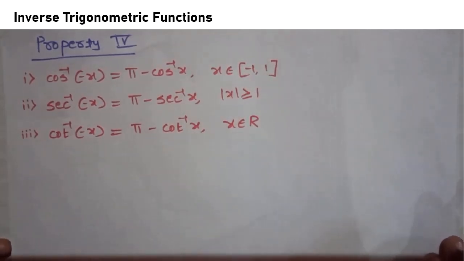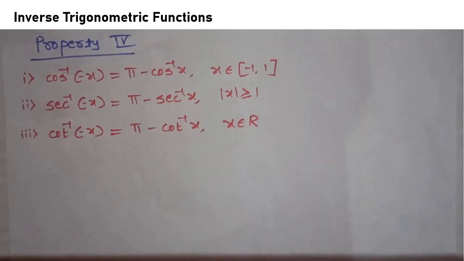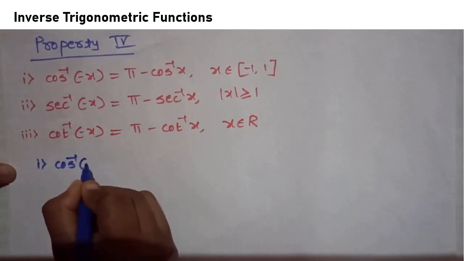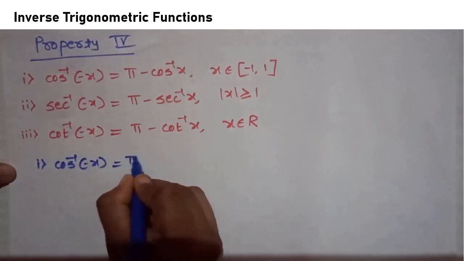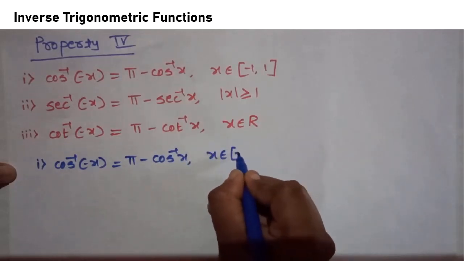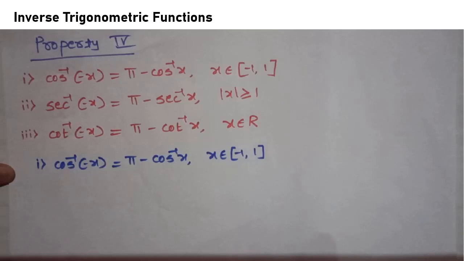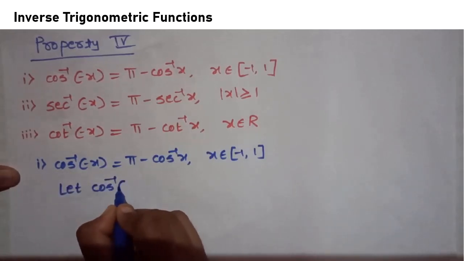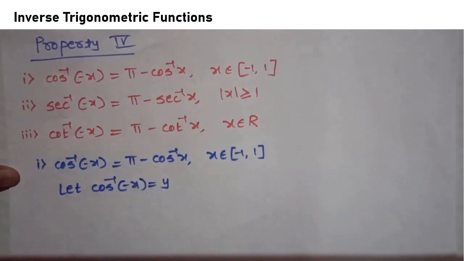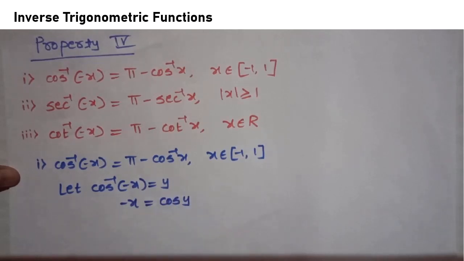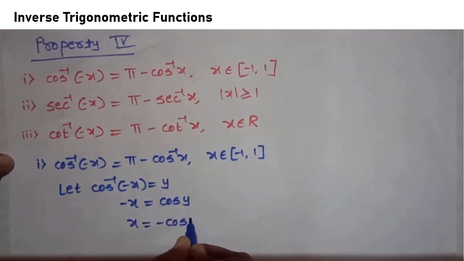So let me prove the first property: cos inverse of minus x is equal to pi minus cos inverse x, with x belonging to the closed interval minus 1 to plus 1. For this, let me consider cos inverse of minus x is equal to y. Therefore minus x is equal to cos y, and now x is equal to minus cos y.